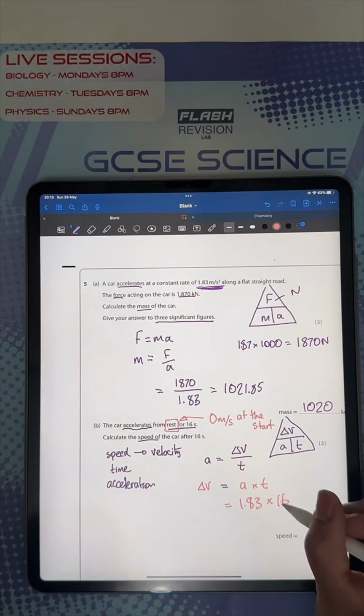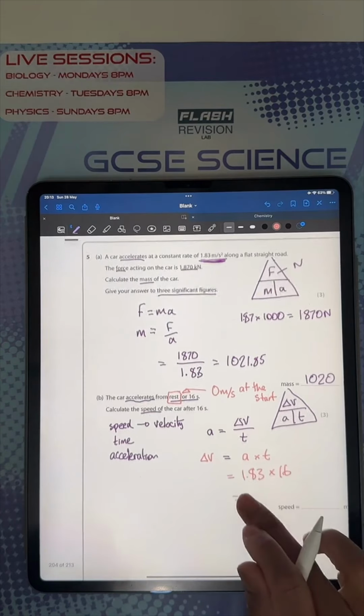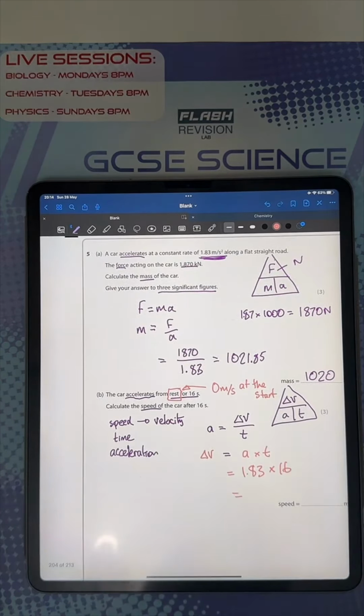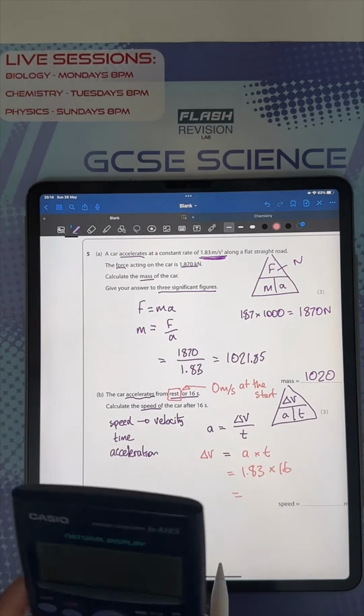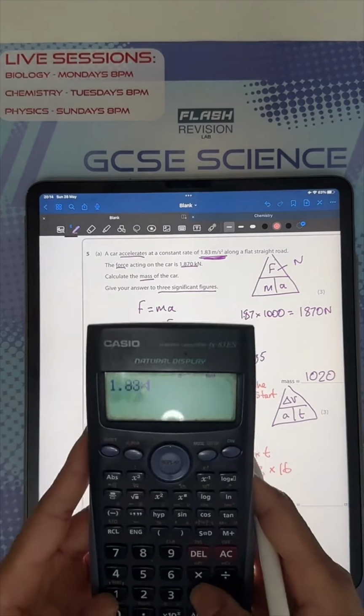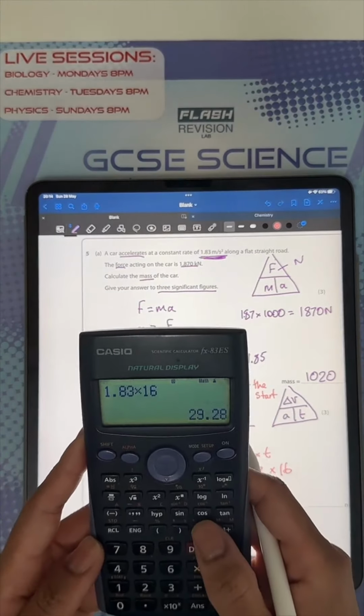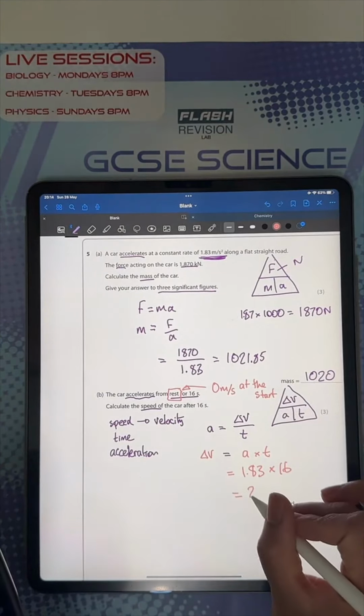What does that give? 1.83 times by 16. 29.28. Is that what you get? Yeah, okay. Let me just try it as well. So 1.83 times 16. There we go, 29.28.